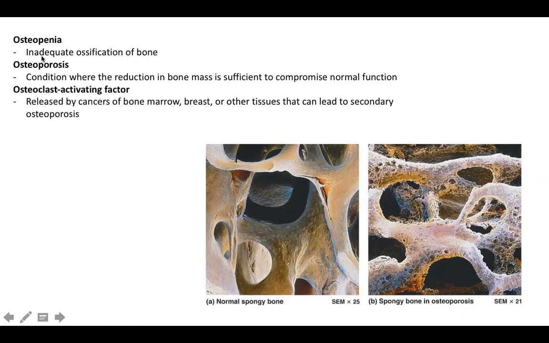So an easy way to prevent osteoporosis, just do weight-bearing stuff. Osteoclastic activating factor, this is a secondary osteoporosis where cancer causes a decrease in bone density. So cancers in bone marrow or breast tissue or other tissues lead to secondary osteoporosis.